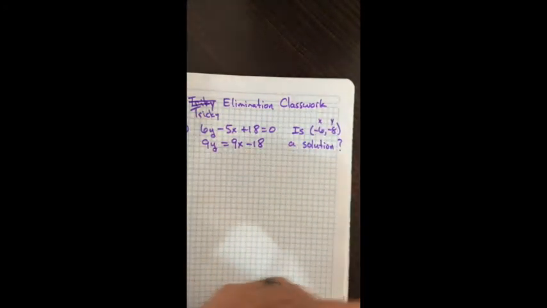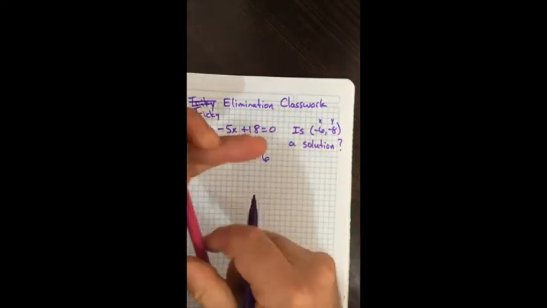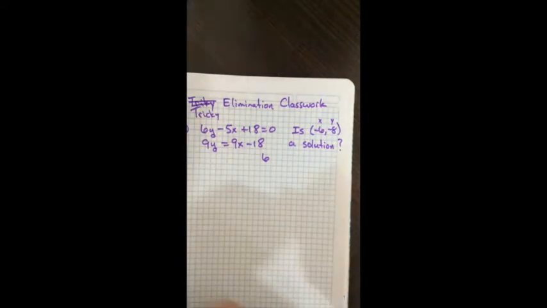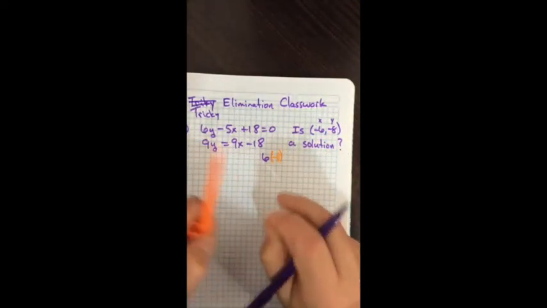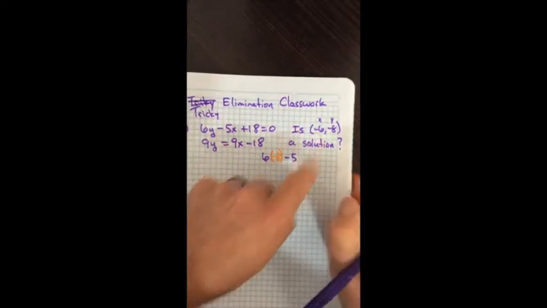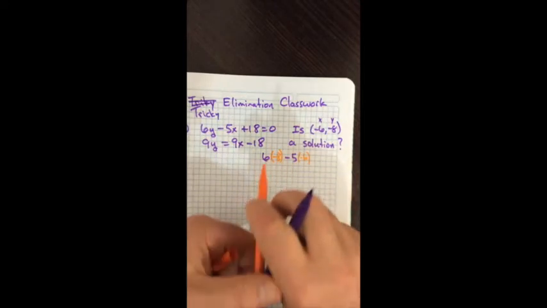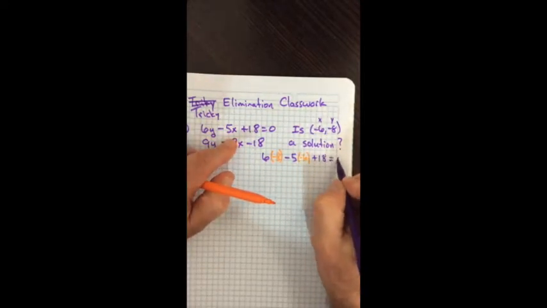So if I plug those things in there, this top equation is 6y. So I'm going to plug the y number where that y is, which is -8. So there's the 6y minus 5x, but x is -6. And then there's plus 18. And we want to see if it's 0.